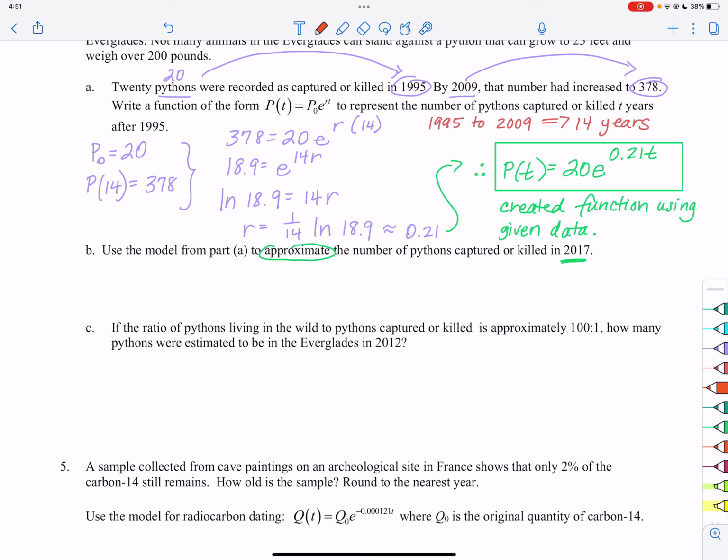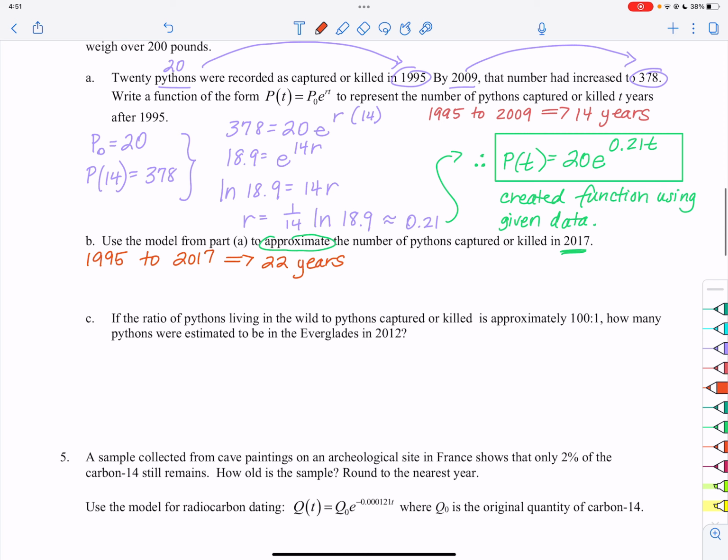So 2017 would correlate to time equal to 22, since 1995 to 2017 gives us 22 years.